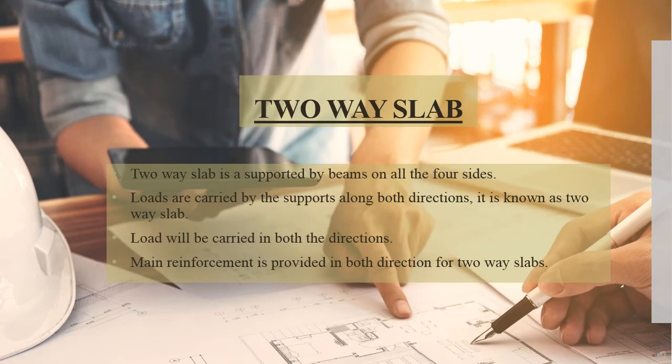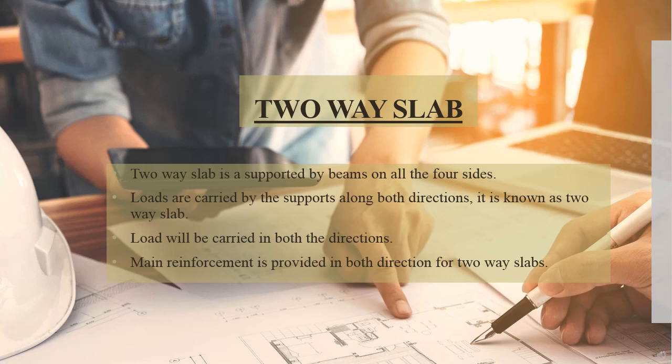Two-way slab. Two-way slab is supported by beams on all the four sides. Next, loads are carried by the support along both directions. It is known as two-way slab.